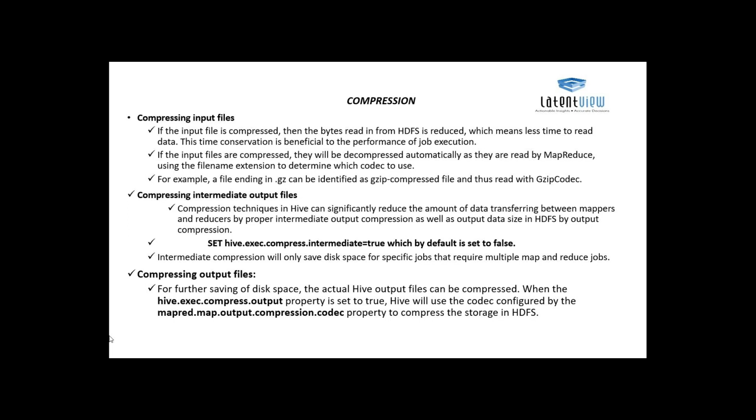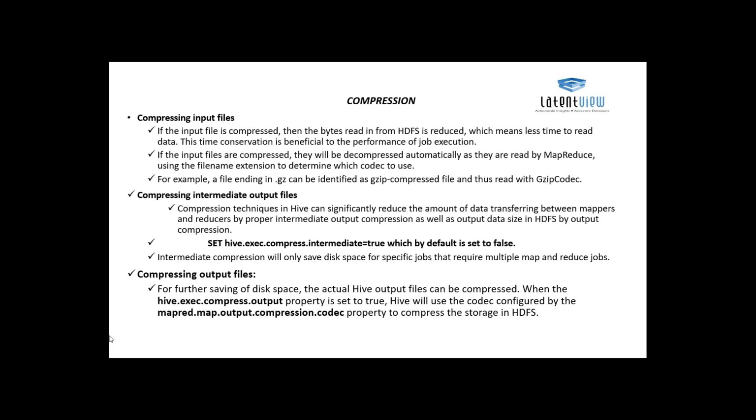Hive will connect to HDFS and start reading your file. If your file itself is compressed through compression techniques like gzip, the time taken to read that input file would be very little. So at that point itself, we would have reduced some amount of time.